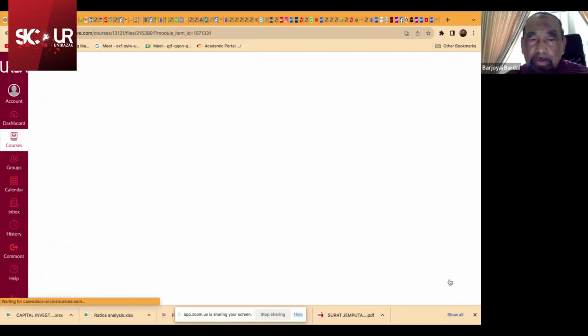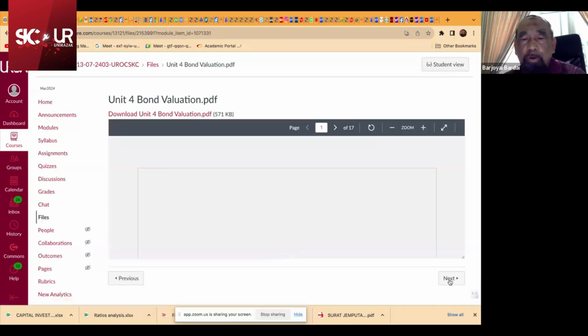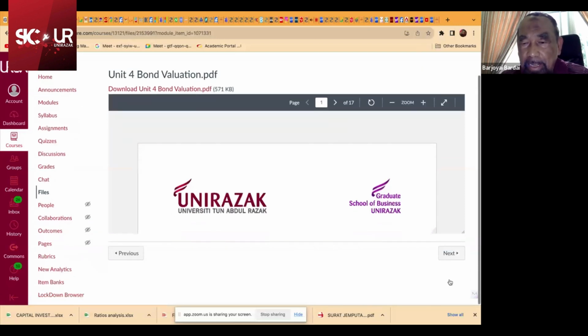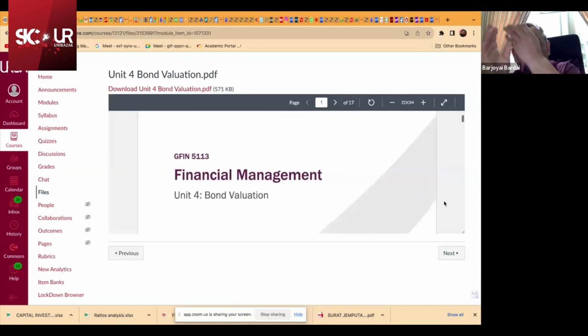And this week we want to go into bond valuation. Essentially, a bond is a form of borrowing that the company may issue, and also a form of investment that the company may be holding.